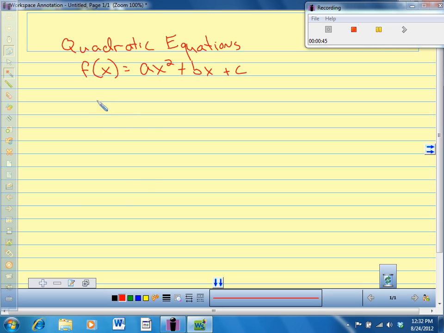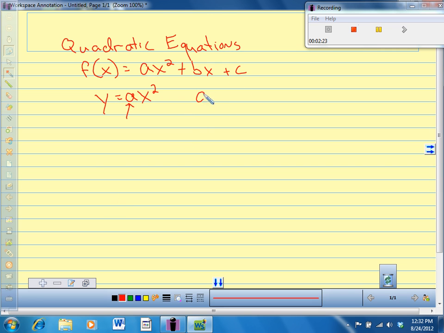So we're going to kind of start with a simple one. If we have y equals ax squared, okay? Who can tell me what this a does to my parabola? What does my a do to my parabola? It's the stretch, okay?